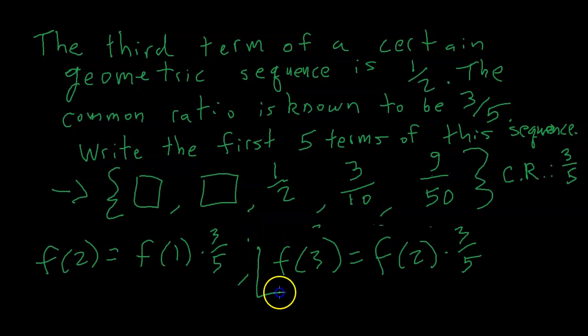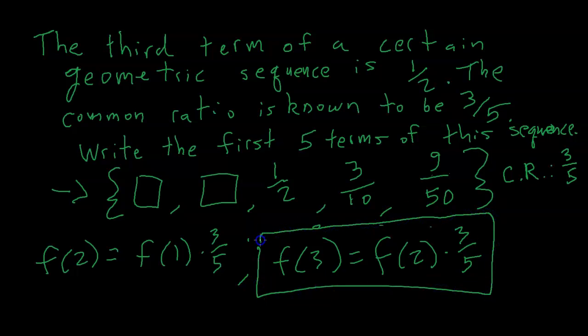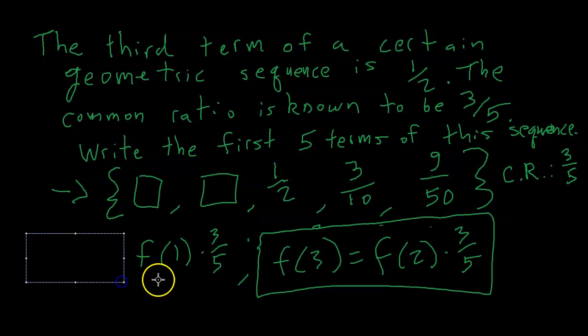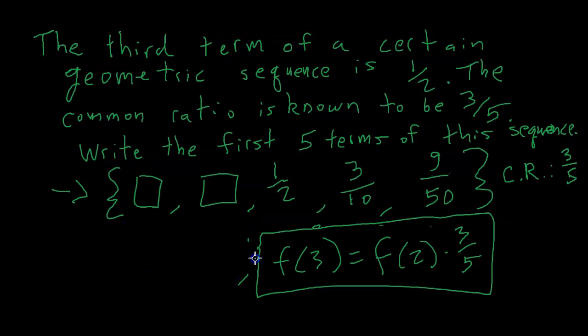So let's focus on finding our second term. Our third term is our second term times 3/5, and we know our third term is 1/2.